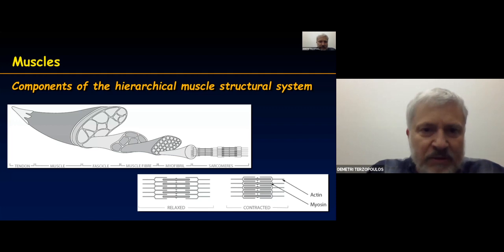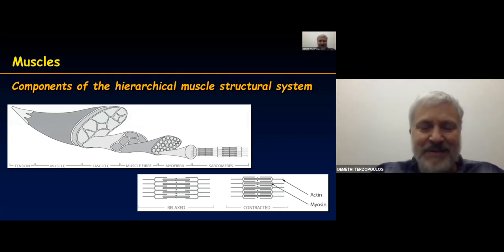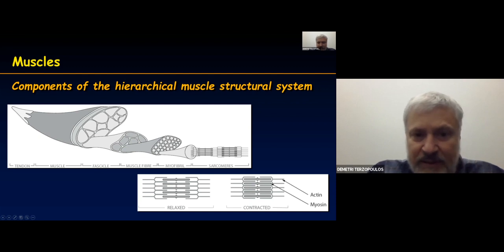Now, looking at the muscles themselves, each muscle is very complicated, right? And one can spend a lifetime studying a muscle, and many people have. But here you see a diagram of a muscle, and you could see the parts of it. You've got the tendon over here. Then you have the muscle body, and the muscle body is composed of fascicles. In here, many fascicles.